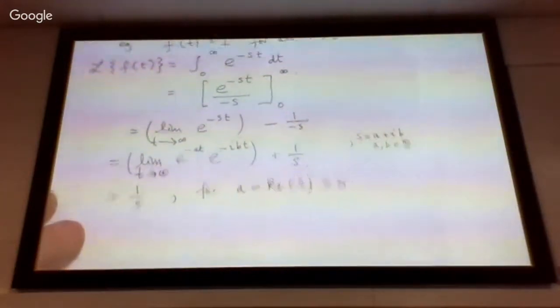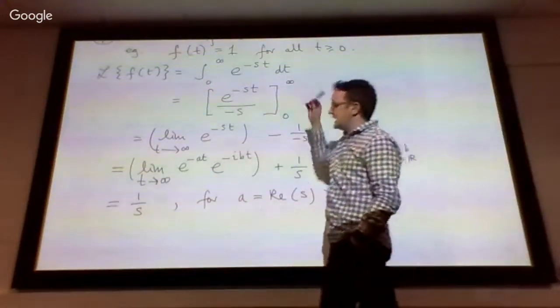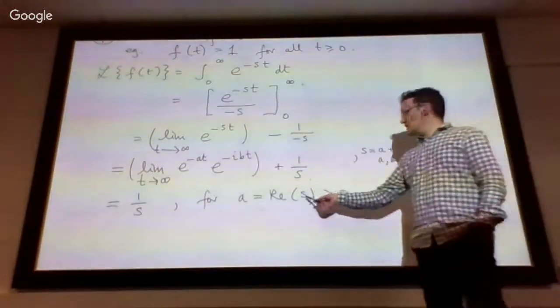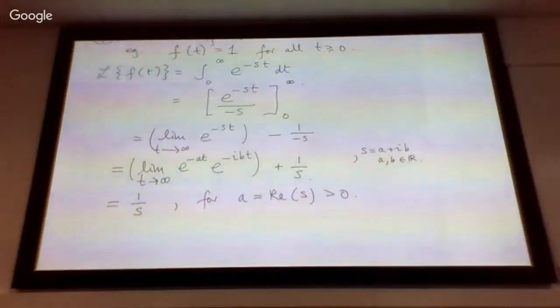Okay? So the Laplace transform of the constant function 1 exists as long as the real part of your argument s is a positive quantity. Okay?